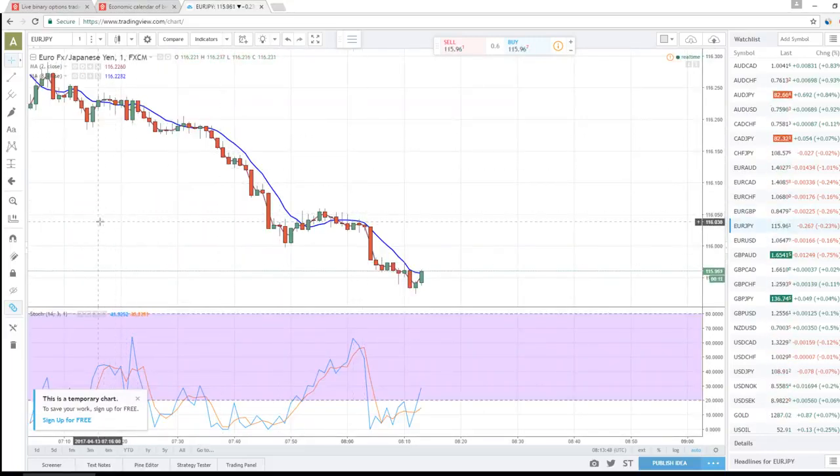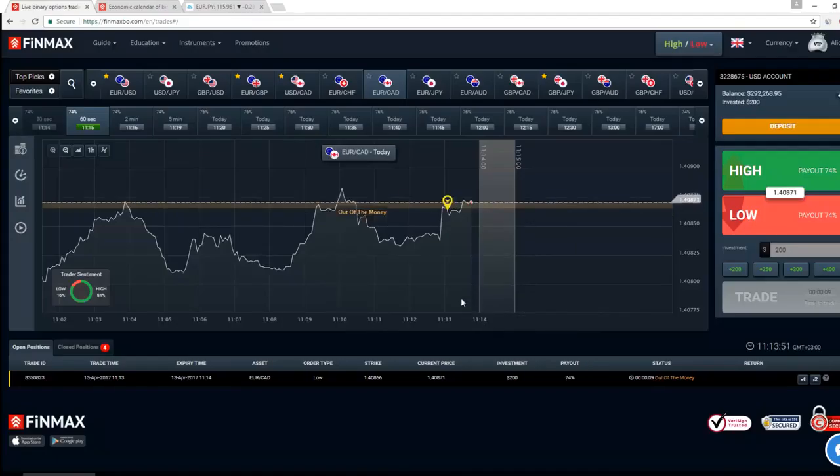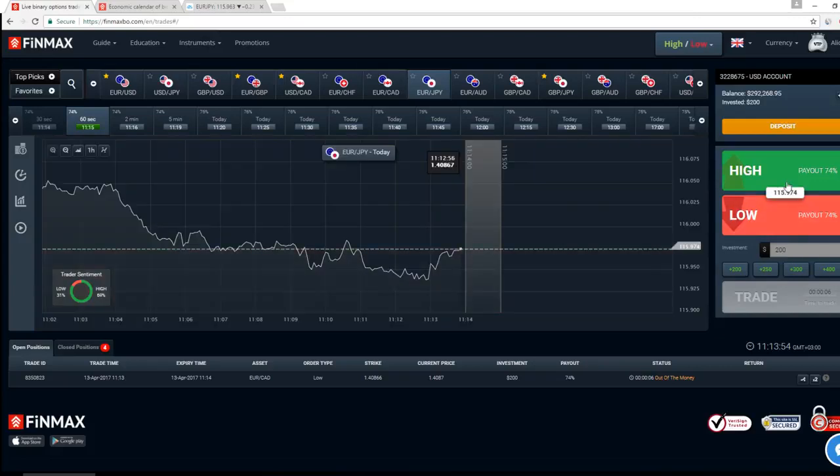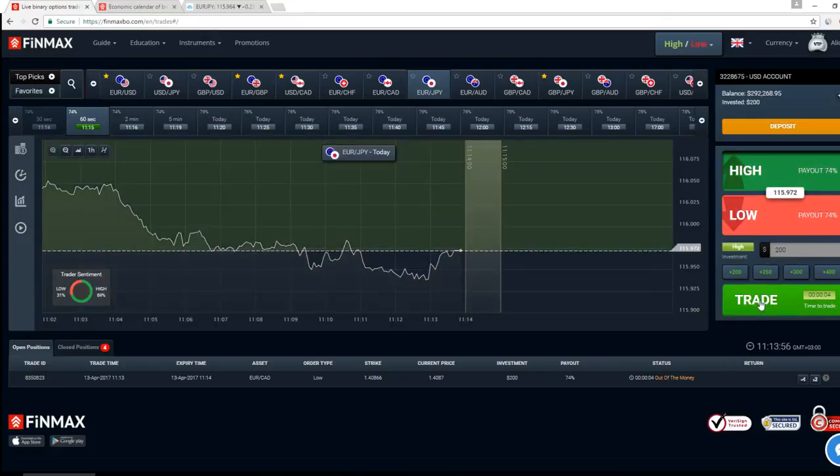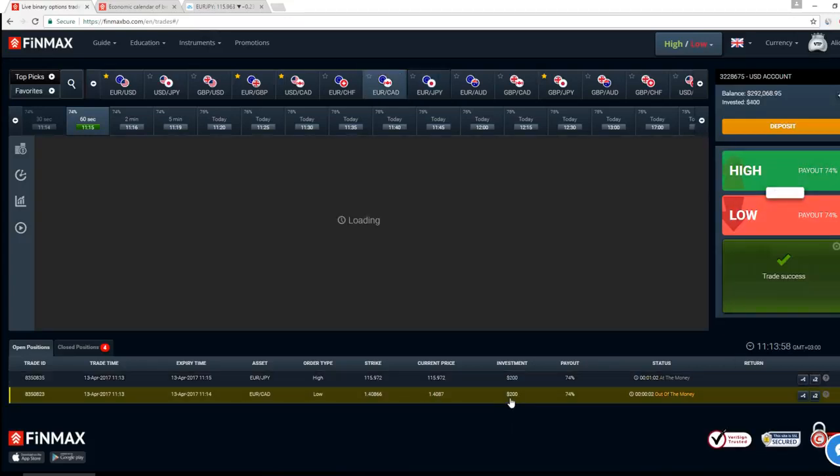Okay, all other assets are telling for the growth of the euro, especially Euro JPY, pretty interesting, so I'm entering here for 1 minute.